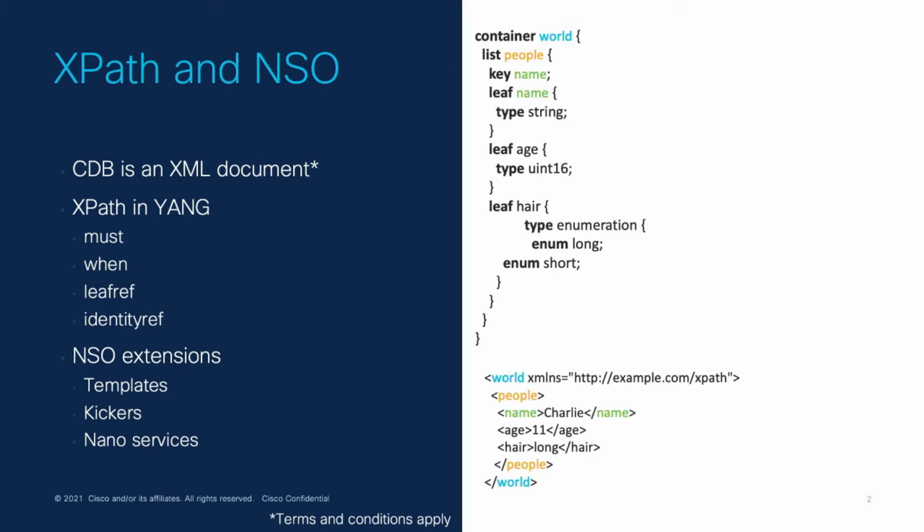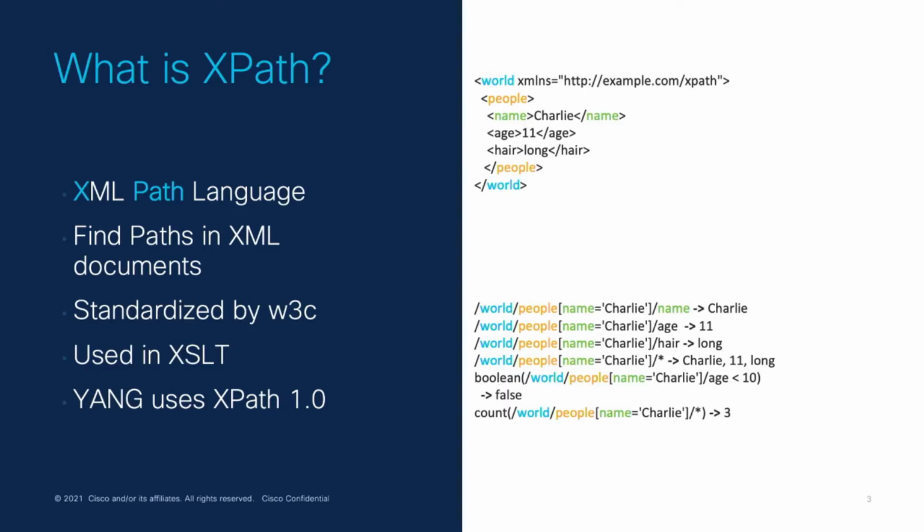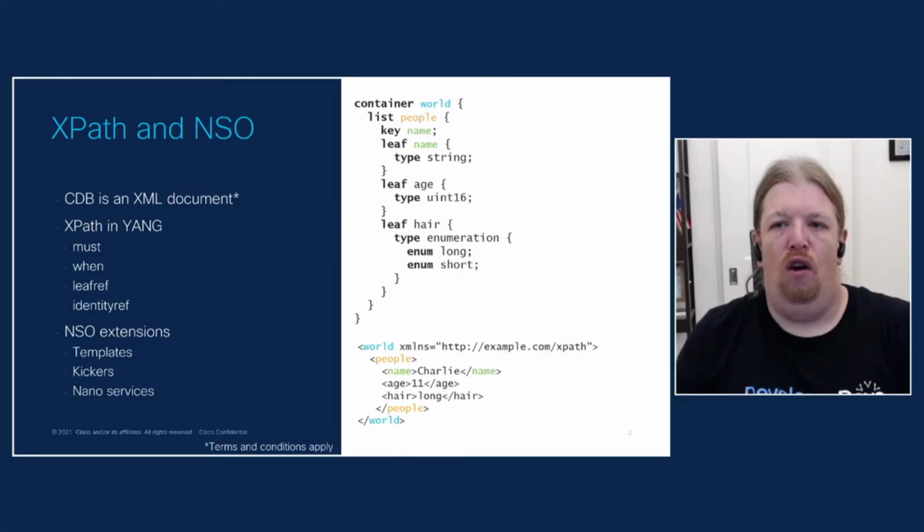And we use it in nano services to control the flow of your service. As you can see, XPath is a very crucial element in Yang and in NSO. And you can see here on the right-hand side an example of a Yang model and a corresponding XML payload. This Yang model is the example we're going to use running through this presentation, this world with people in it.